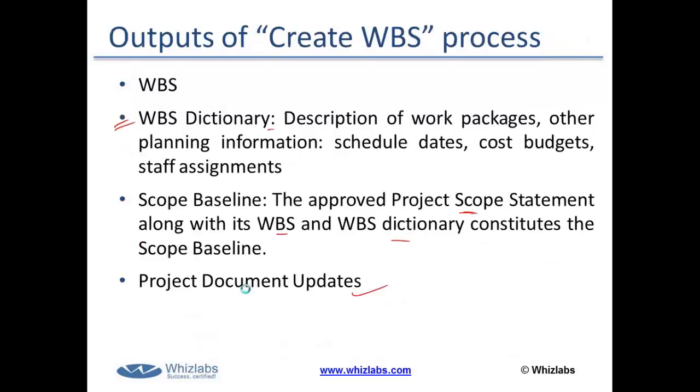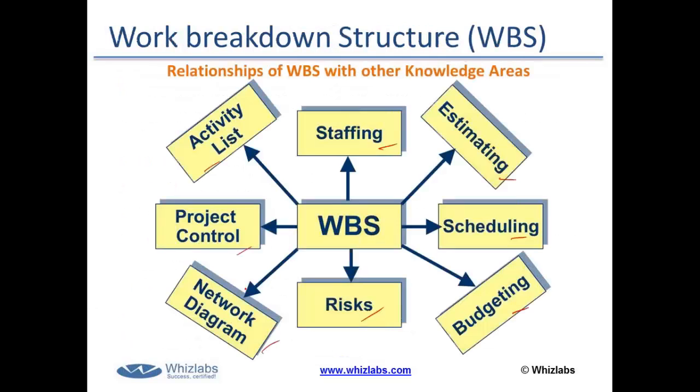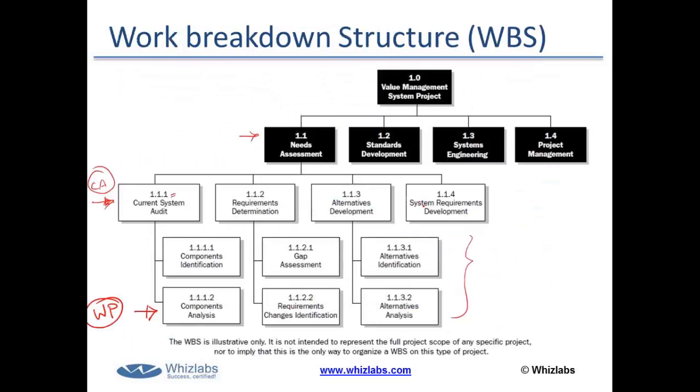If I take you back to that example, Sivan, you can see that the number of elements in the second higher level is less. And as you go lower and lower, the number of elements increases.